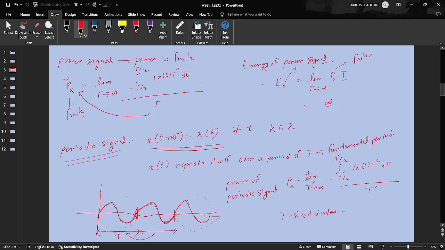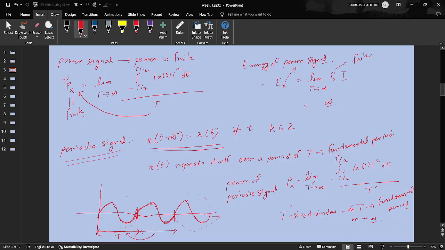So for the T dash sized window, we basically need to compute the energy over it, and I am saying this can be written as m times T, where T is the fundamental period of the signal and m is some constant where m tends to infinity. So when m tends to infinity, T dash is equal to m times T, right?